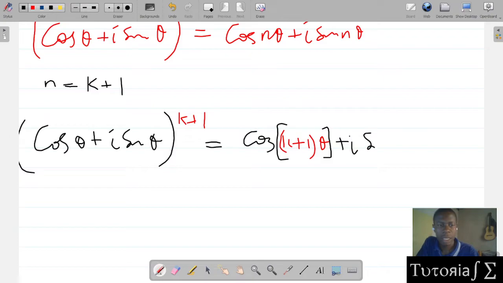Plus i sine, open brackets, again k plus 1 times theta, like that.